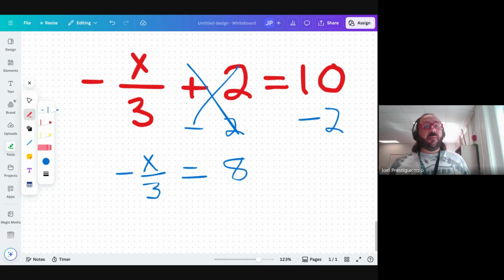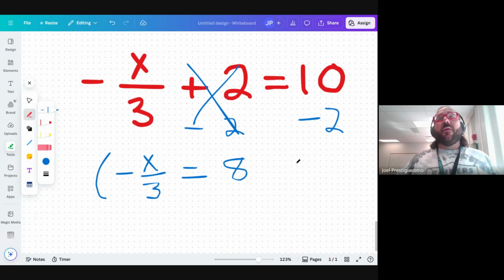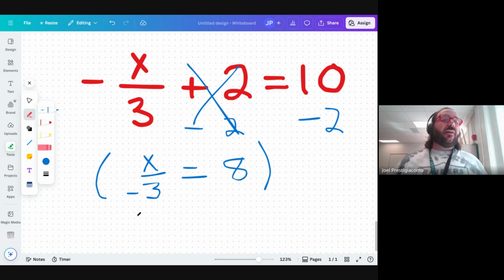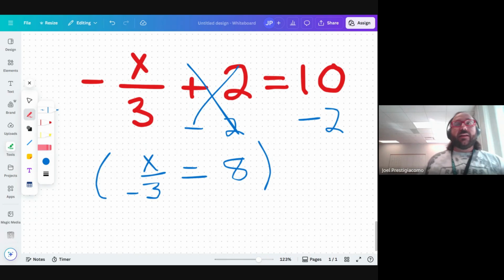So now, not only are we dividing by 3, but we also have a negative sign, right? So we can actually deal with both of these at the same time. Imagine this negative here really means that we're also dividing by negative 3. That may help some people. A negative out front means we could give it to the x or we could give it to the 3, just one or the other.